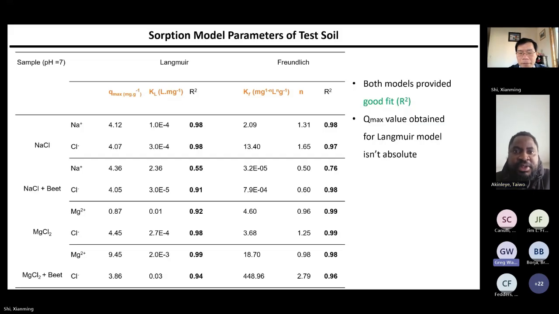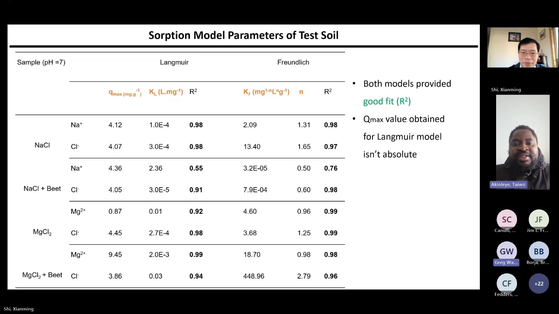For the table parameters, an R-squared equal to 1 means a perfect fit, so anything above 0.8 or 0.9 is close to a perfect fit. But I do notice that for the sodium chloride plus beet juice case, for the sodium cations, the fit is not great. This is typical for soil experiments.